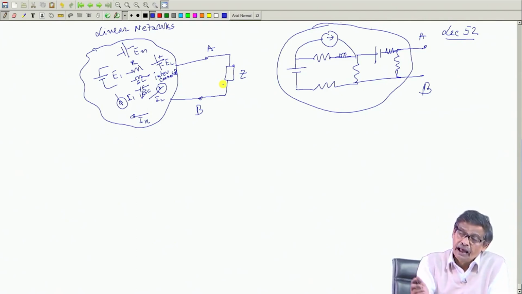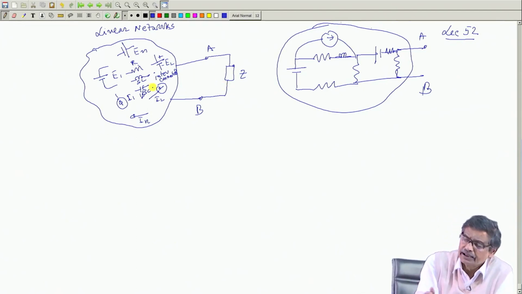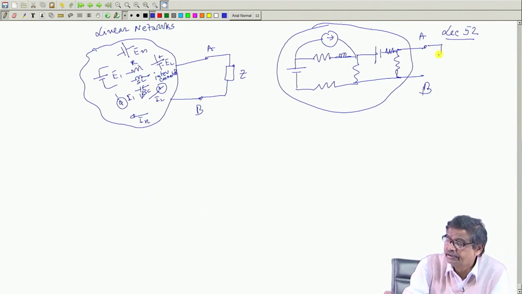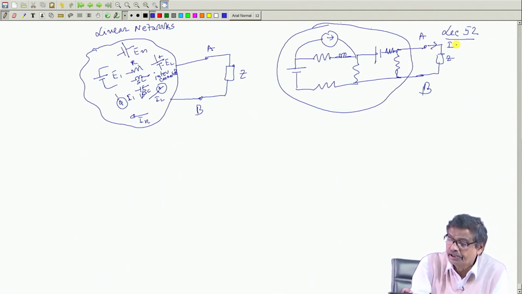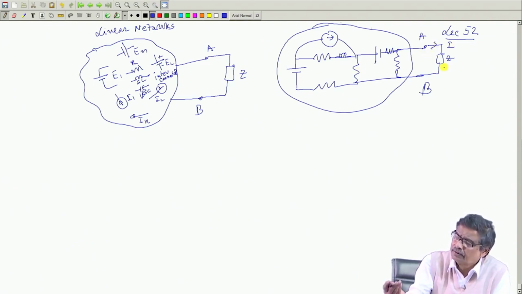In this network, if I ask you to find the current flowing through this Z, the topology inside is known to me, so I will calculate this current applying mesh analysis or node analysis, whatever it is. You will get the answer.